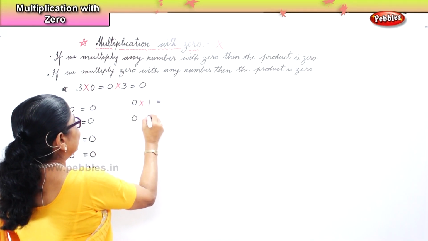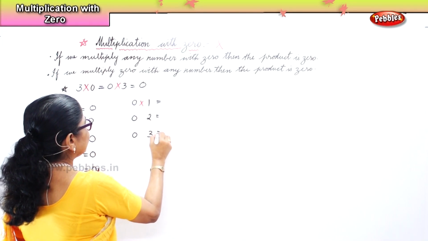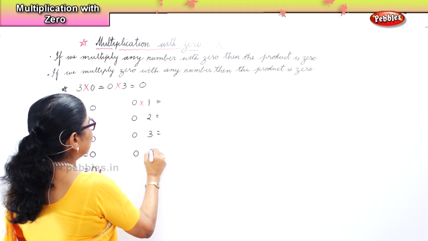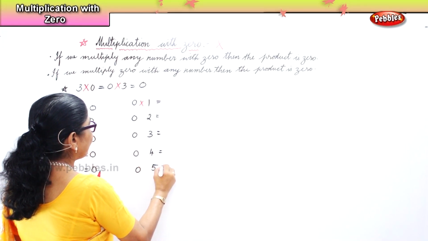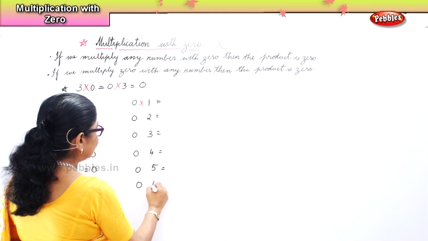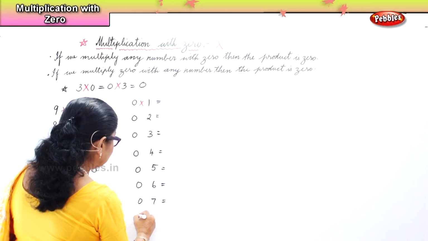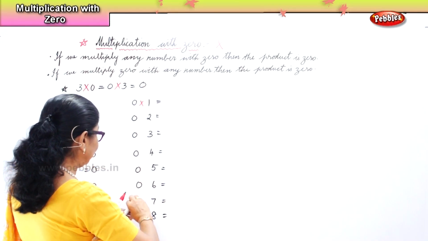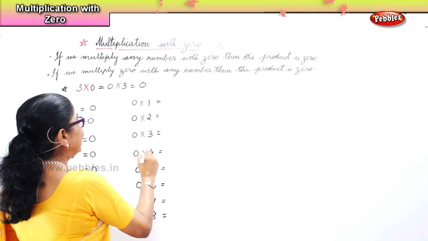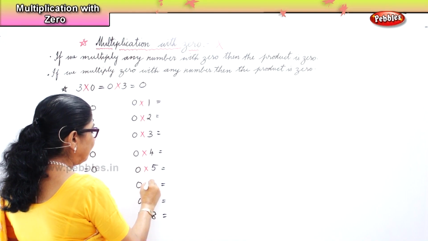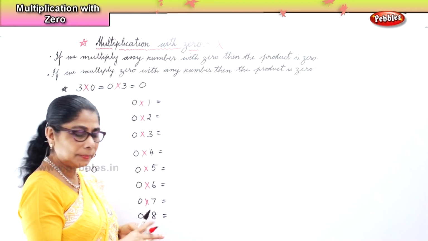So 0 into 2, 0 into 3, 0 into 4, 0 into 5, 0 into 6, 0 into 7, and so on, 0 into 8. Any of these numbers, 0 multiplied with any number, the product is 0.